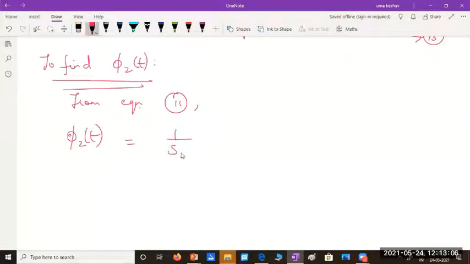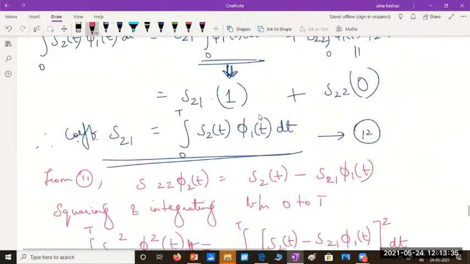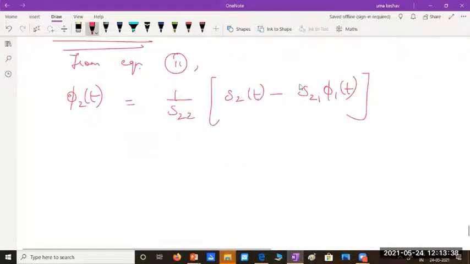Remember S22 gets multiplied with phi 2. So phi 2 can be written as 1 by S22 into S2 minus S21 phi 1. The whole thing is divided by S22.